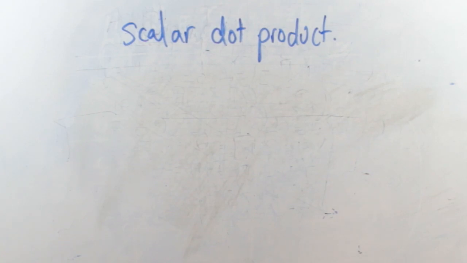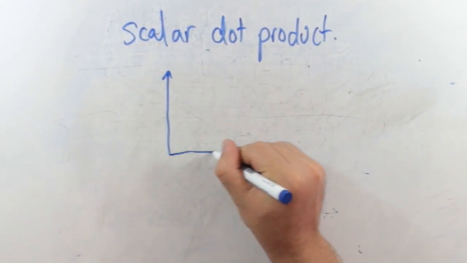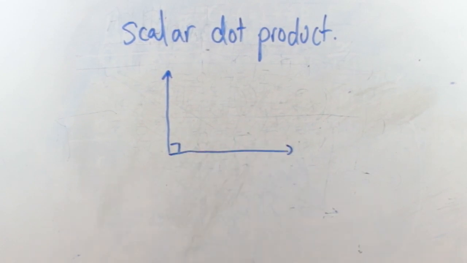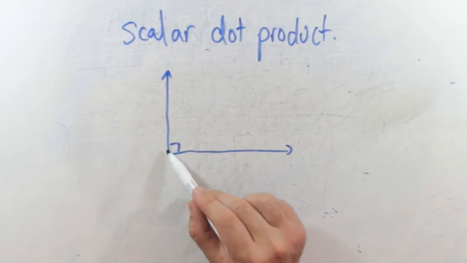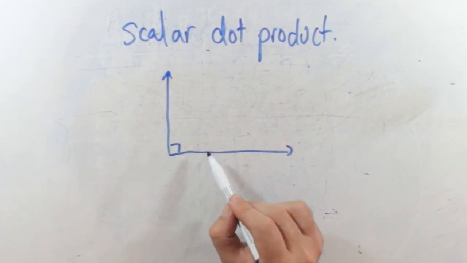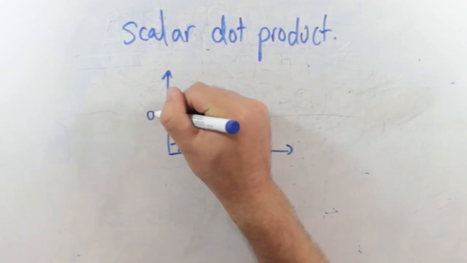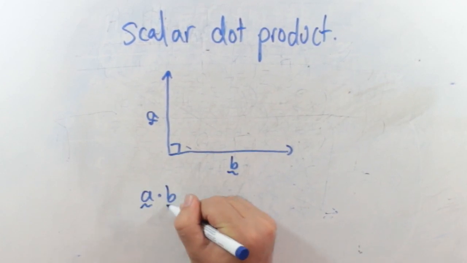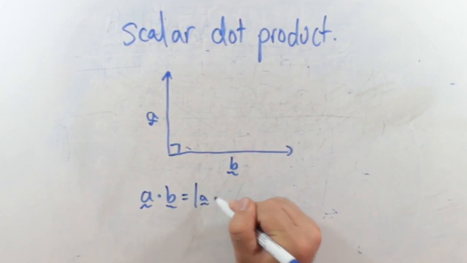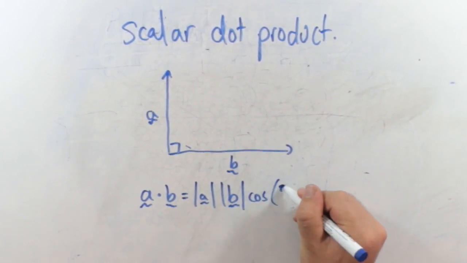Now we've got that under control, let's have a think about some of these properties. What if we had a vector this way and a vector this way, and these two vectors were at 90 degrees? When we measure the angle between vectors, we always measure between the two tails. So this is vector A, this is vector B. A dot B is going to be the magnitude of A times the magnitude of B times cos of pi on 2.